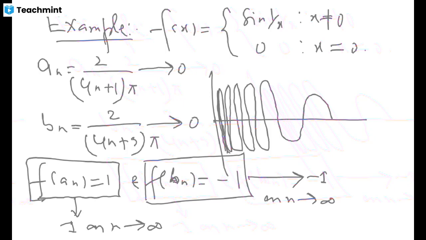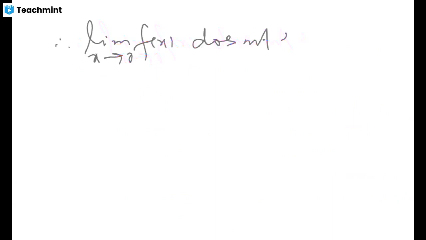But here the limit is not the same, therefore the limit of this function does not exist at 0. So I will stop here.